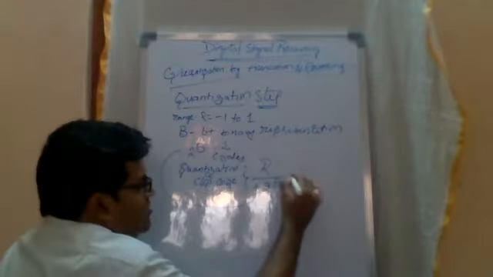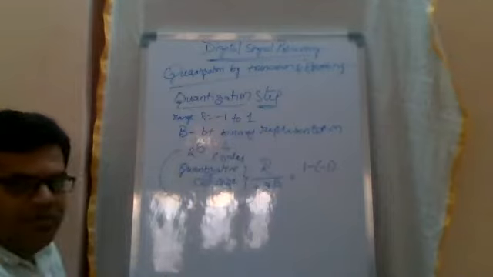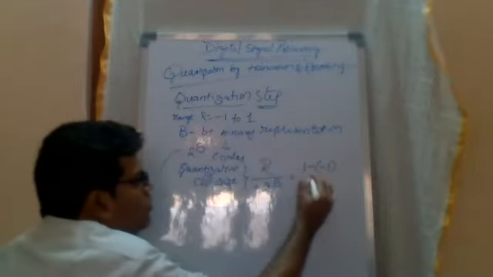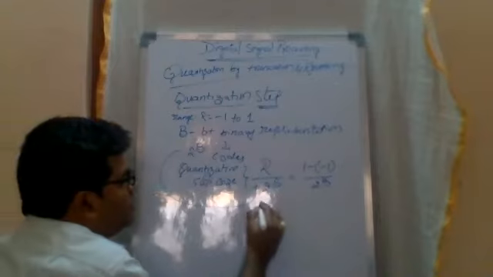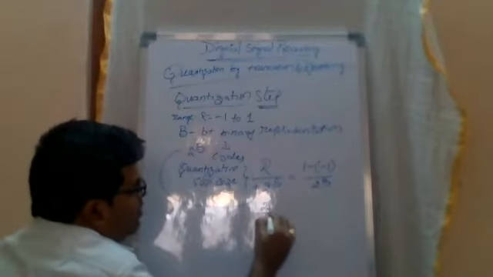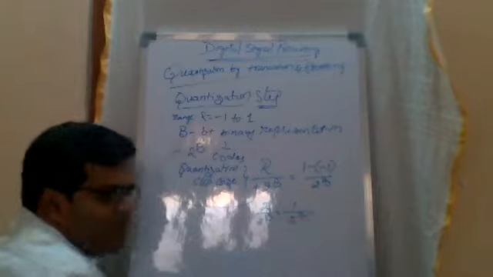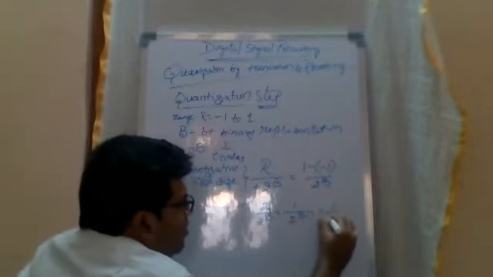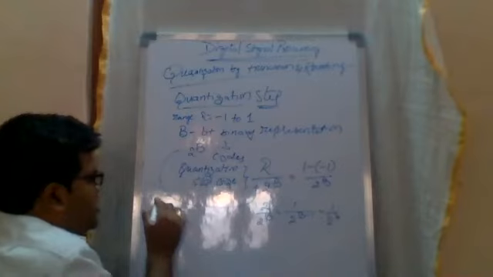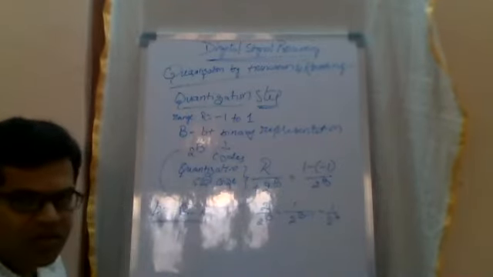Right. So now what is the range? 1 minus (-1), because the range is from -1 to +1. So the total is 2 divided by 2 power b. So I can write it as 1 by 2 to the power of (B minus 1), or 1 by 2 power small b, where small b equals capital B minus 1.